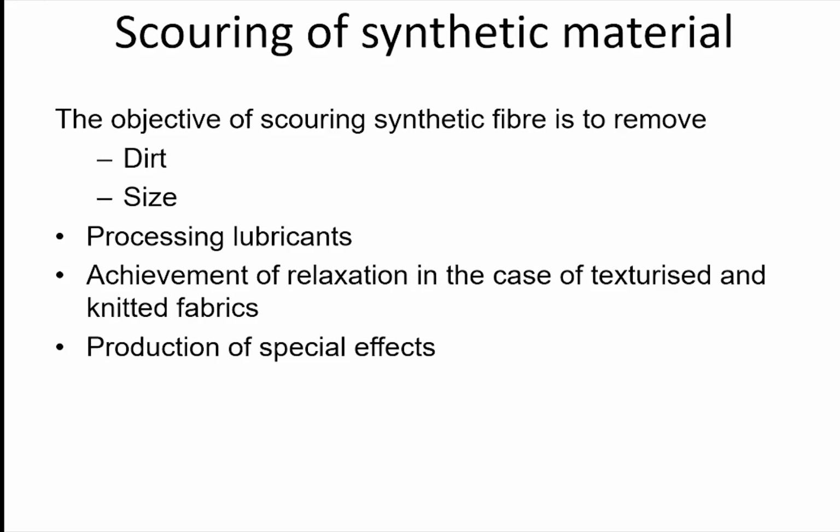The objective of scouring the synthetic fiber is to remove the dirt and size, and it will remove the processing lubricants, and you can achieve relaxation in the case of texturized and knitted yarns, and the production of special effects is possible.